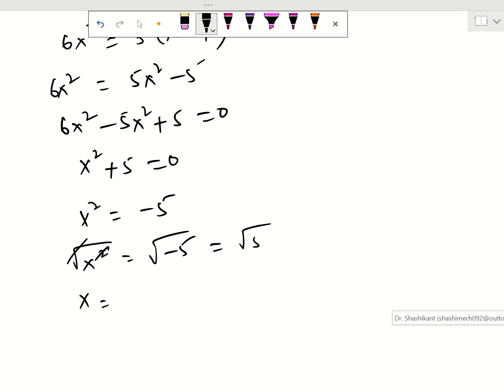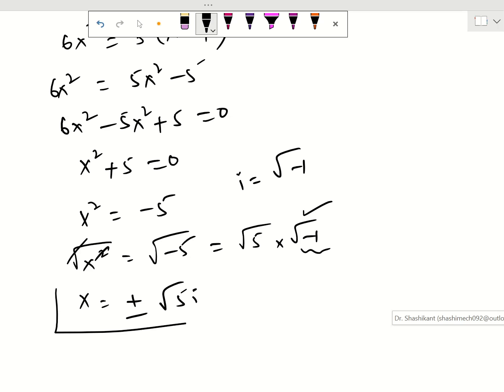We can write this as √5 into √(−1), and as we know the value of i is √(−1), therefore x = ±√5 i, right?